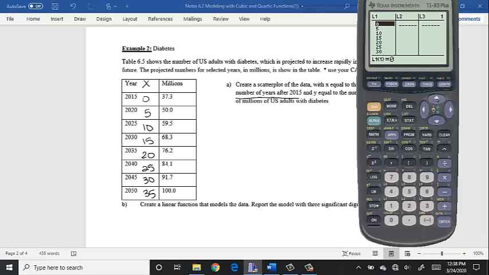All right, so 0, 5, 10, 15, 20, 25, 30, and 35. Okay, so now let's go to L2 and put in our millions. You should be following along in your calculator as well.